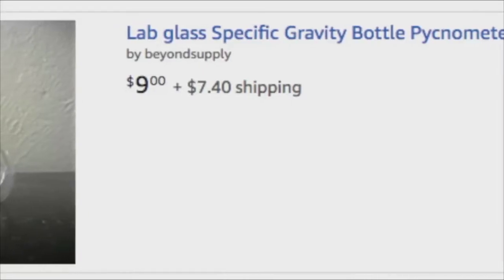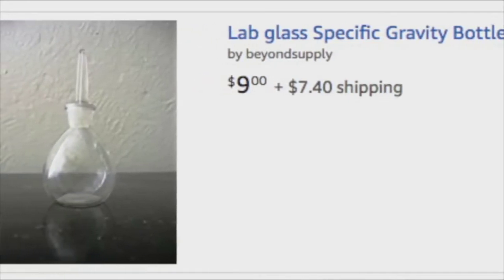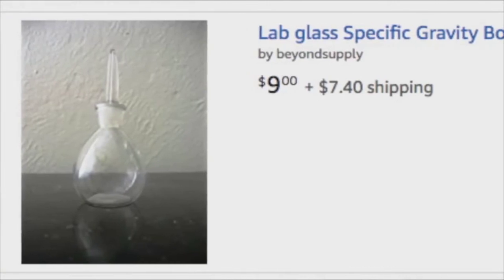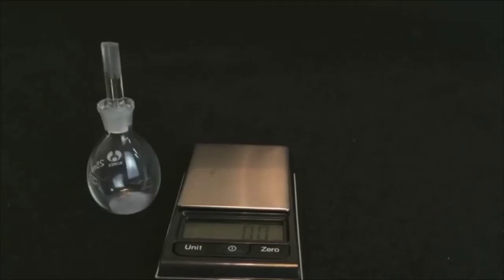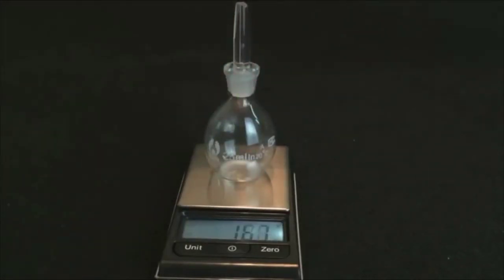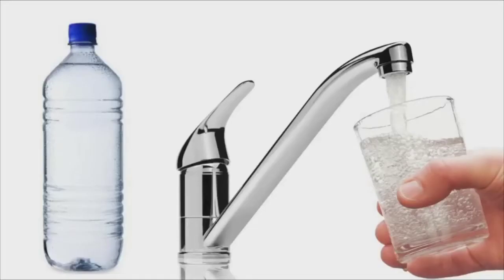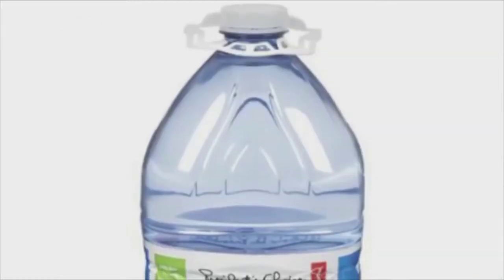A modern term to refer to a pycnometer is the specific gravity bottle, classified in two groups. Number one, a flask from glass that has a horned plug.